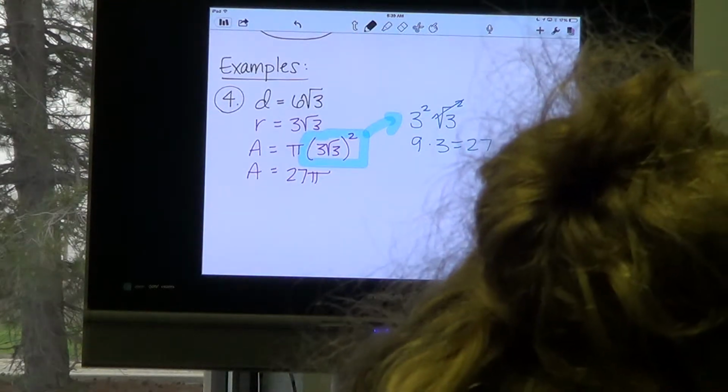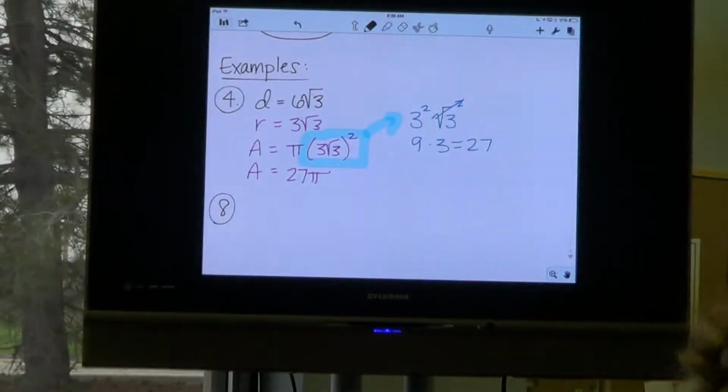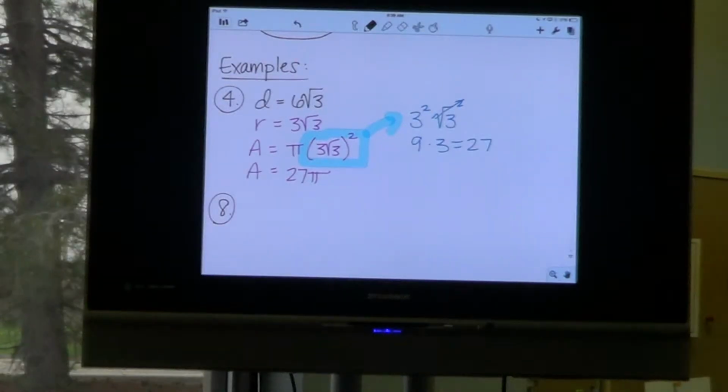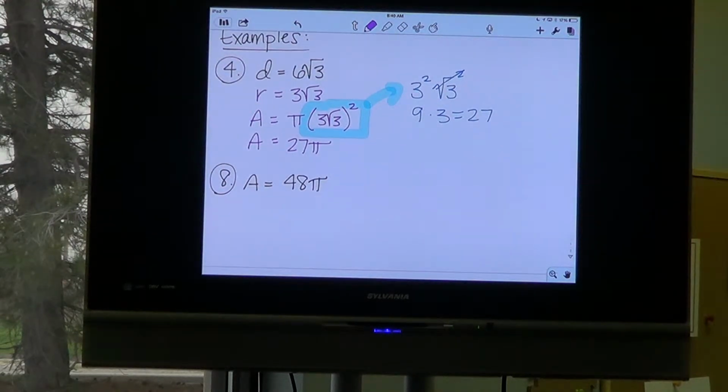All right, let's do number 8. Find the radius of a circle in which the area equals 48 pi. So if the area equals 48 pi, that will equal pi times the radius squared.